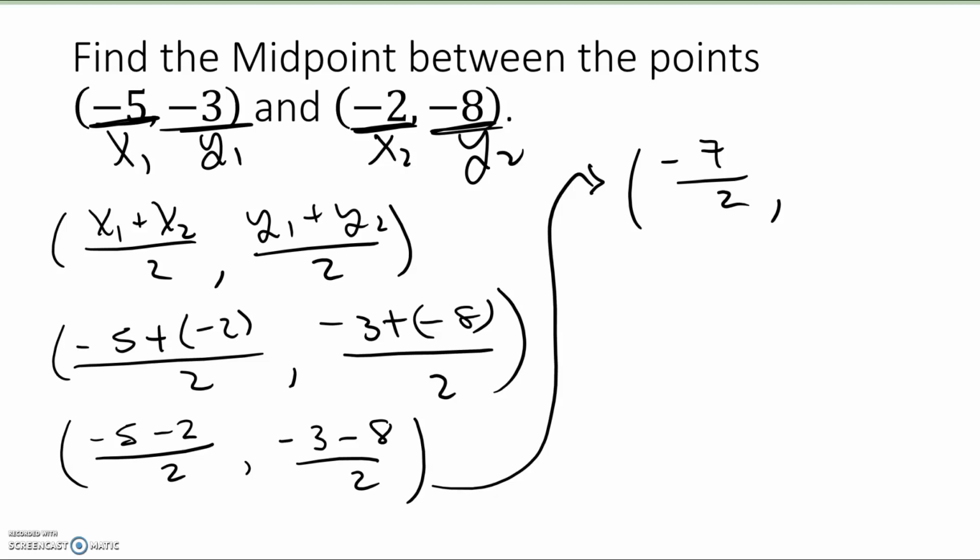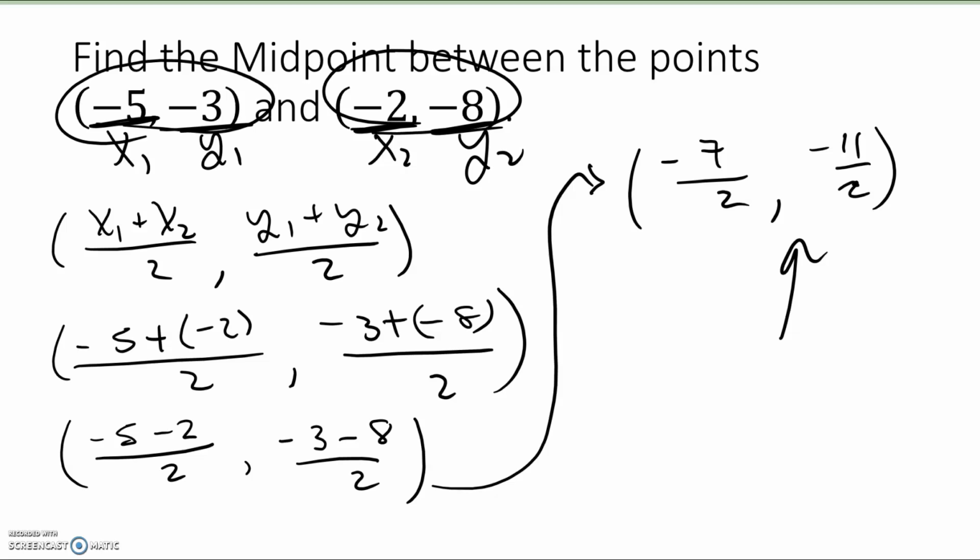Same thing with the 3 and the 8. They both have the same sign, so we add the numbers, 3 and 8, to give us 11, but keep the sign. So -11 over 2. So this point right here is the halfway point between the points (-5, -3) and (-2, -8).